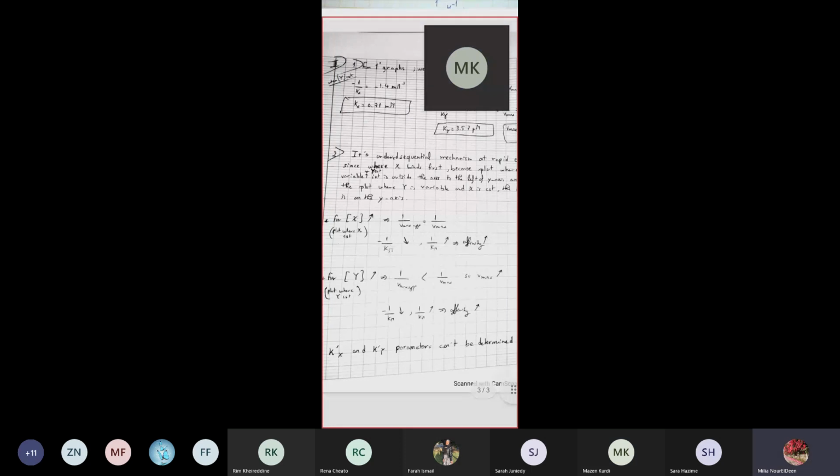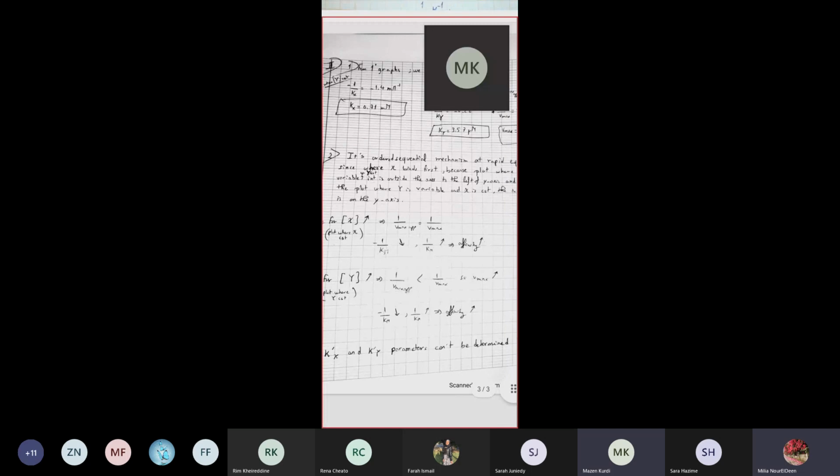Second question, deduce the order of binding for both substrates. What is the kinetic parameter that you were not able to determine in this exercise? It's ordered sequential mechanism.